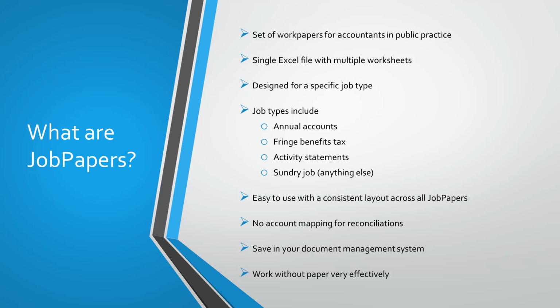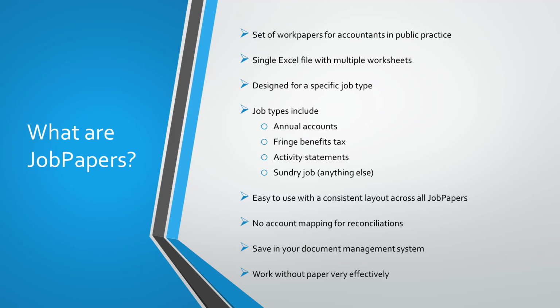As we all know, accounting practices keep working papers to show how they arrived at their finished product. A job pack is a set of work papers in a single Excel file. It has multiple worksheets and is designed for use on a specific job. There are several job pack types, including annual accounts, FBT, BAS, and a generic job pack for any other job.